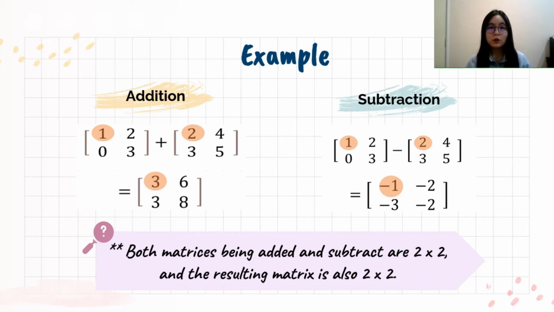So this is just the common addition and subtraction method. From these examples, we can see that both matrices being added and subtracted have the same size, which is a 2 by 2 matrix. Therefore, the resulting matrix is also 2 by 2. We cannot add or subtract two matrices that have different dimensions.